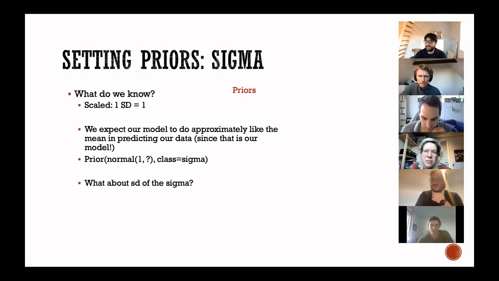What I would argue is that we know more than that. Right? That would be a situation when we don't know anything. But for instance, what I would argue is that our data goes roughly on a range of 6 standard deviations, right? Because we scaled it. So an error that is way above 6 standard deviations is kind of unlikely. Wouldn't you agree? Right.